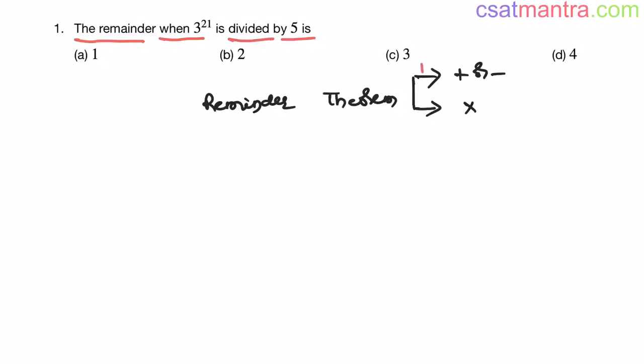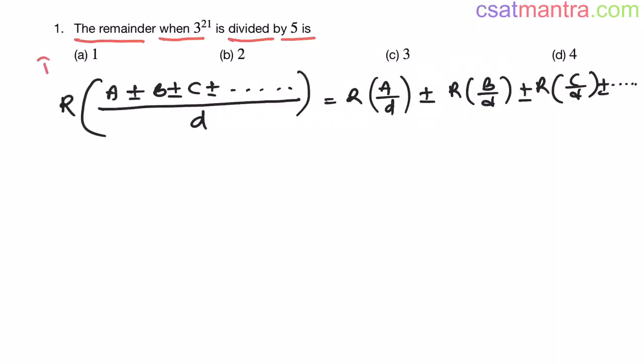We have two types of remainder theorem. One which involves addition or subtraction, another which involves multiplication. This is the first type. Remainder of a plus or minus b plus or minus c and so on when divided by divisor d is equal to remainder of a when divided by d, plus or minus, whatever sign you have here, you will have the same sign here, my friends.